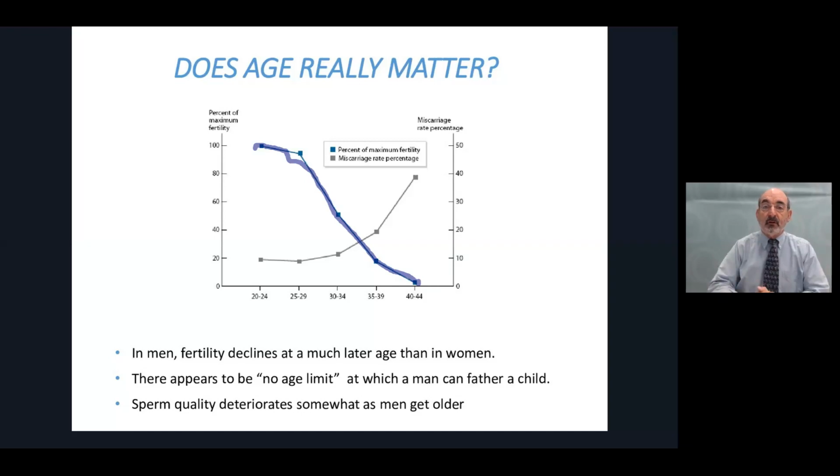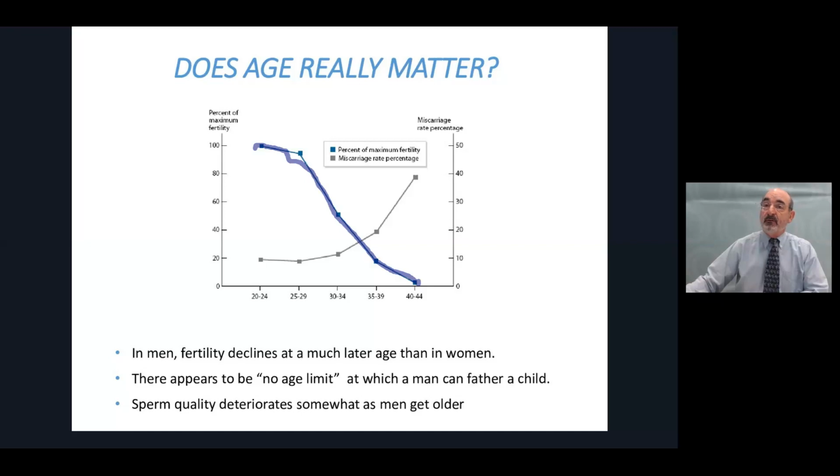And what this shows us is with increasing maternal age, unfortunately, fertility rates decline, and they decline rather significantly. We think fertility begins to decline in women in the early to mid-30s, with a more dramatic decline in the late 30s and early 40s. Now, that doesn't mean that a woman at 40 can't have a child. It simply says statistically, based on populations, the chances of success are smaller.